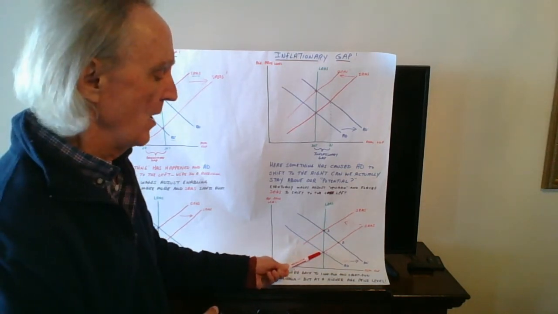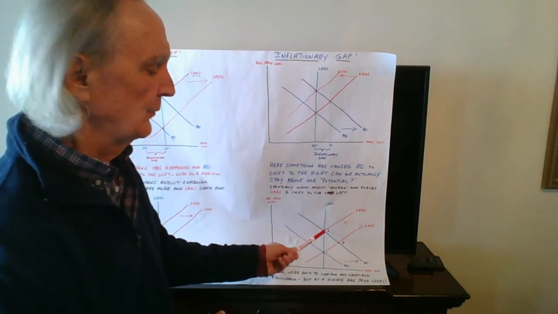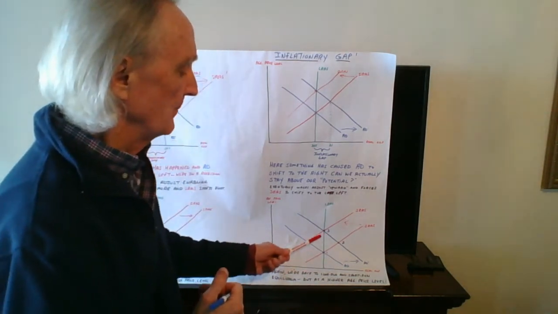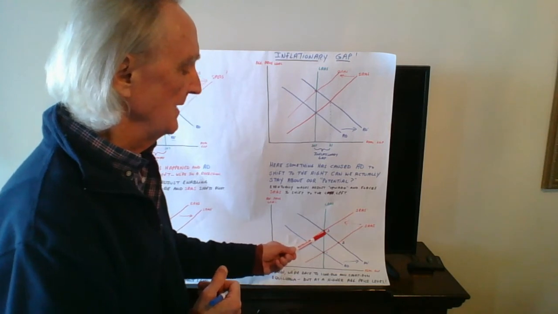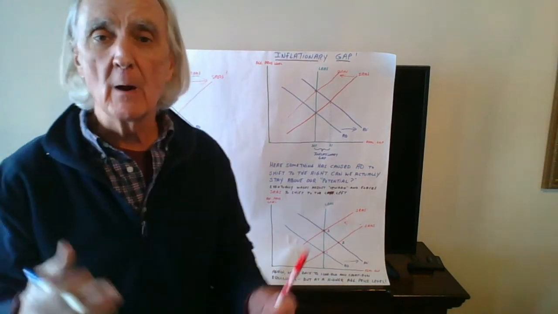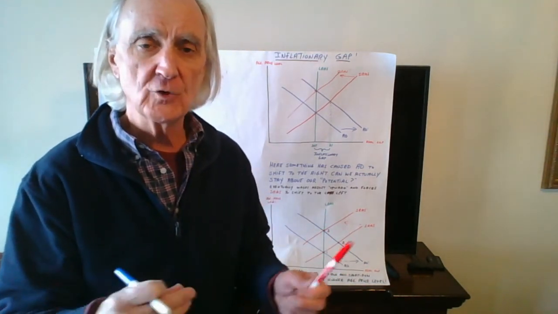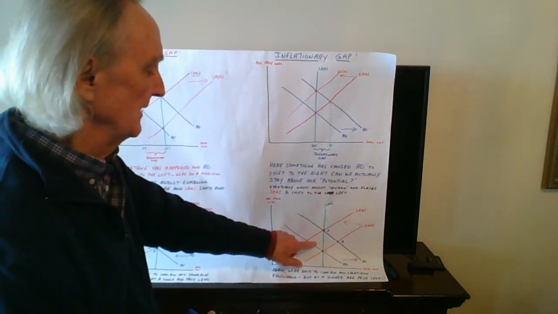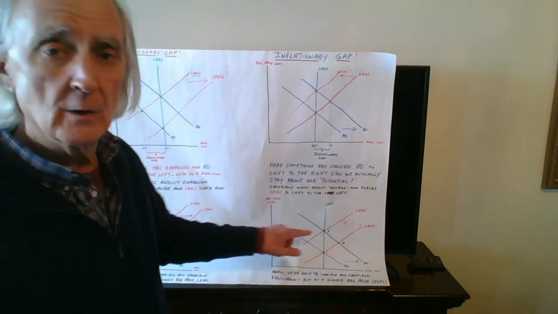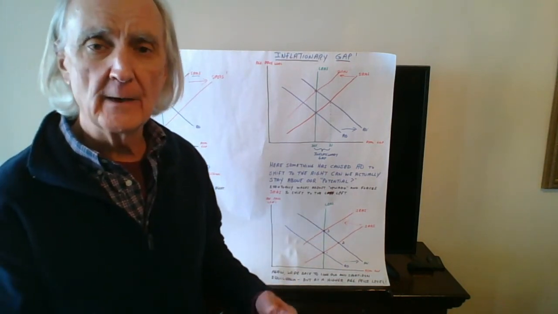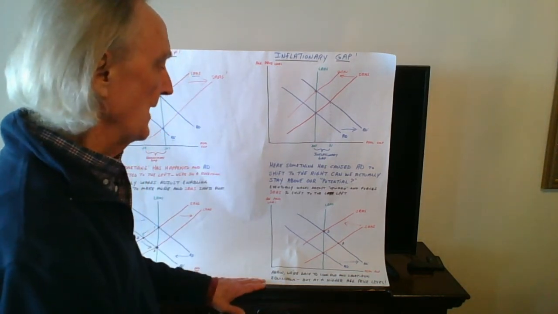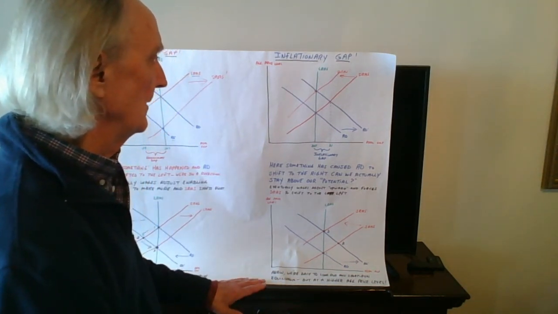So we go from 1 to 2 to 3, somewhat the opposite of what we just talked about. And now here, yes, we are back at long and short-run equilibrium, but as you probably guessed, we are at a higher aggregate price level. All right, so that takes care of those items.